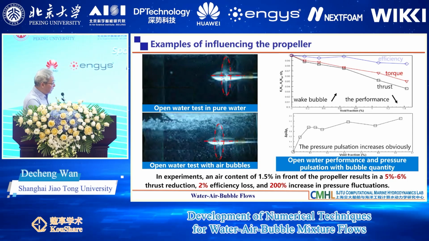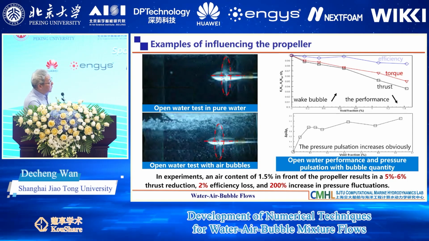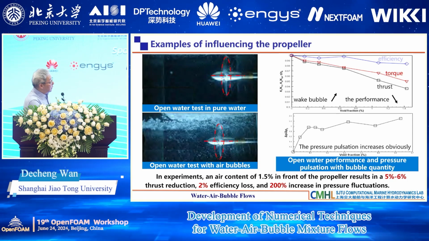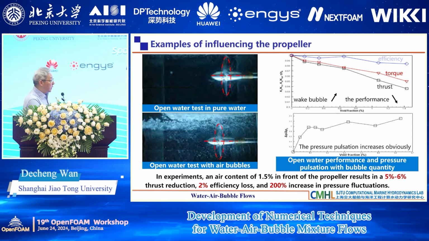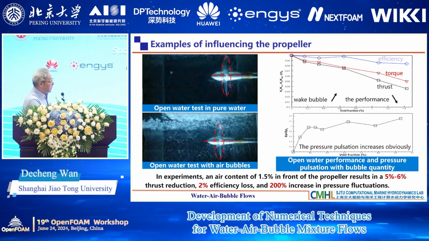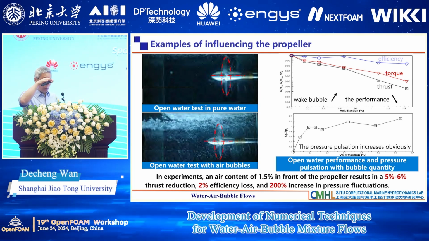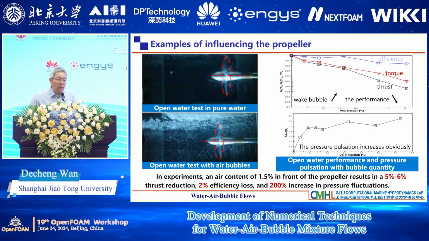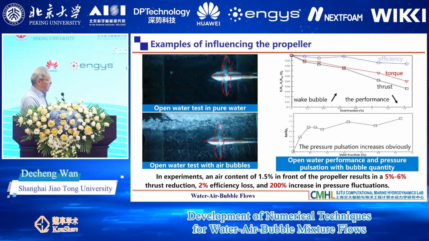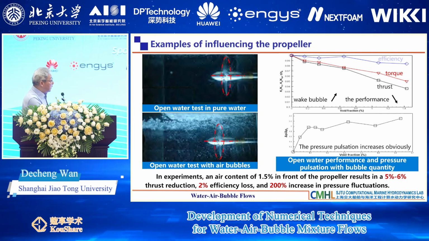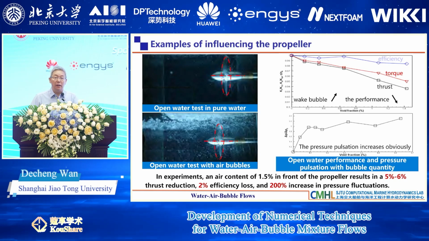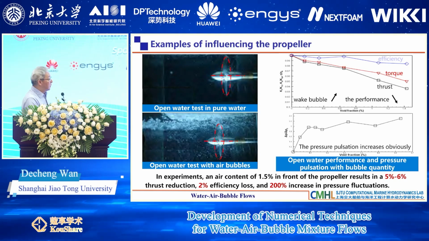So you can see the difference. The performance of the propeller is decreased, including the torque and thrust. You can see that it decreased a lot. So this means the propeller working in a different background flow has a different performance.